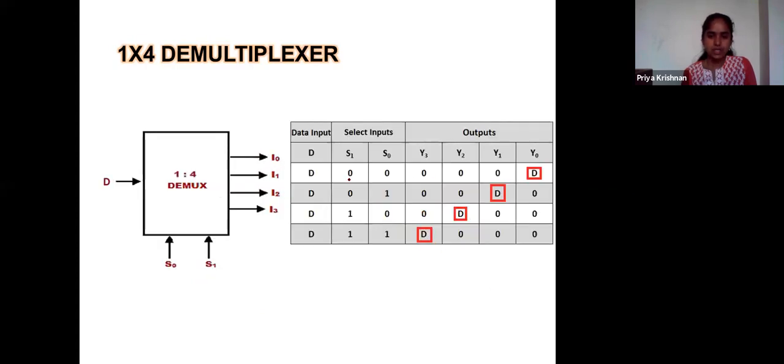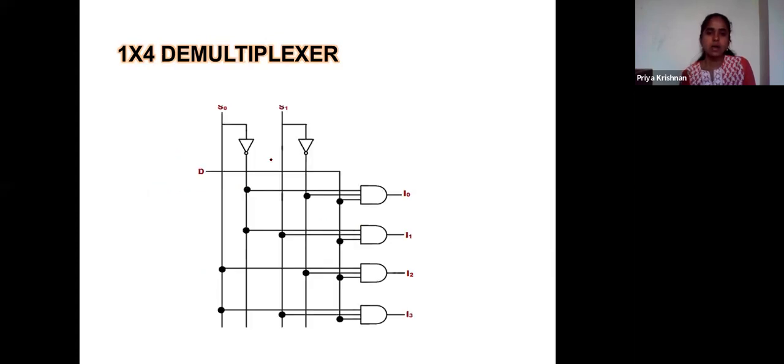If selection line is 0, 0, D is available in Y0. 0, 1, D is available in Y1. 1, 0, D is available in Y2. 1, 1, D is available in Y3. Yes, the same as what we discussed. And this is the logic diagram. So D is there.